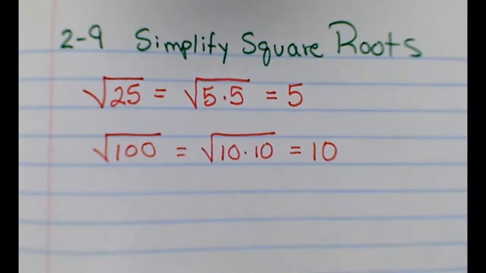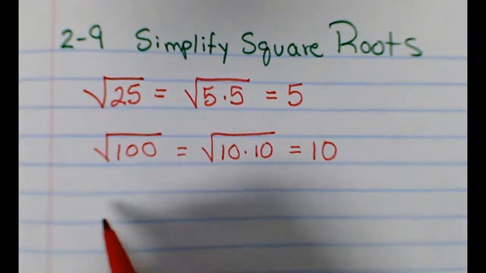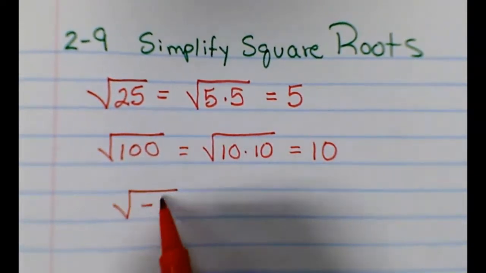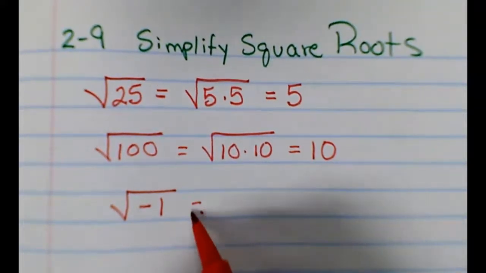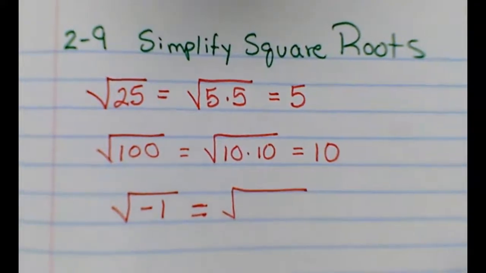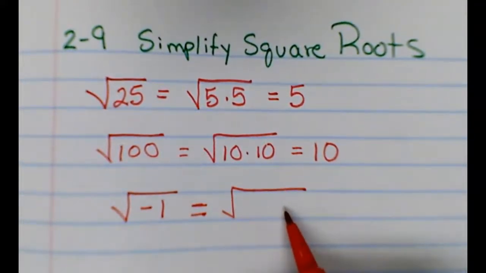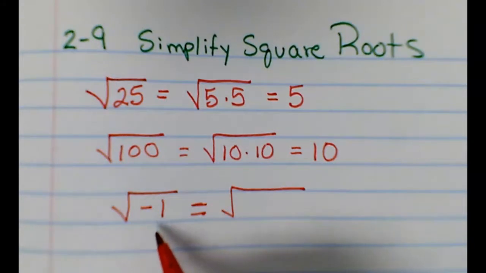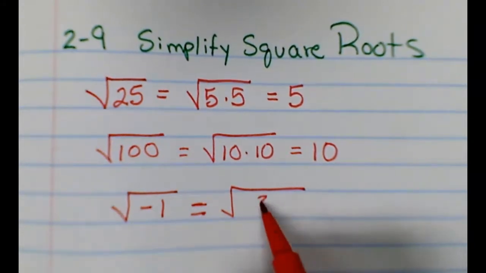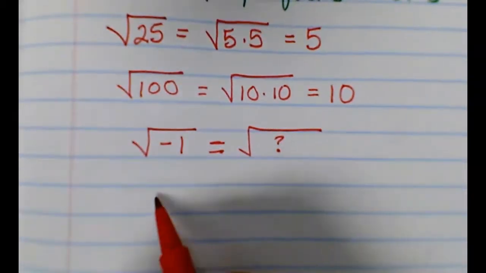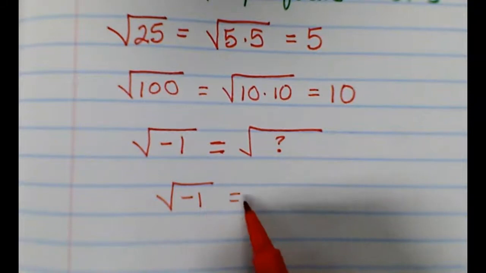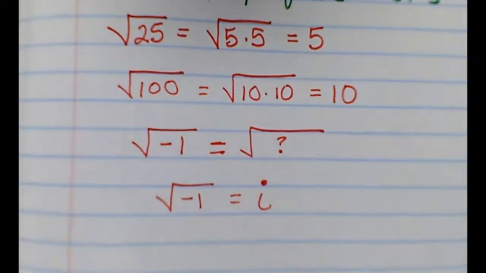And then yesterday you learned about this number. Is there any number that you can multiply by itself and get a -1? That was the question that led to the development of this special number that we call i.